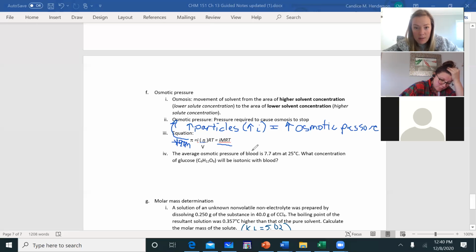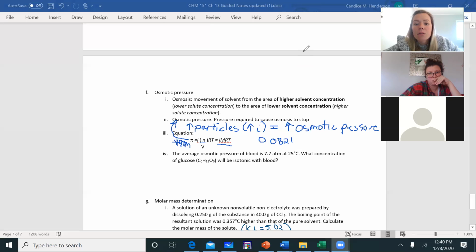0.0821. T is temperature. Can I make it bigger?